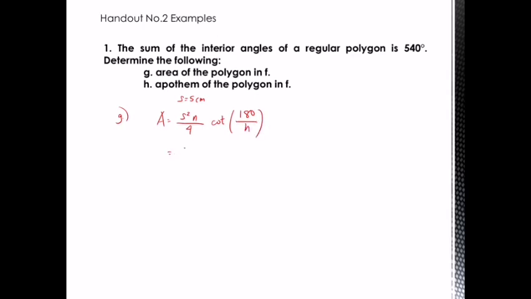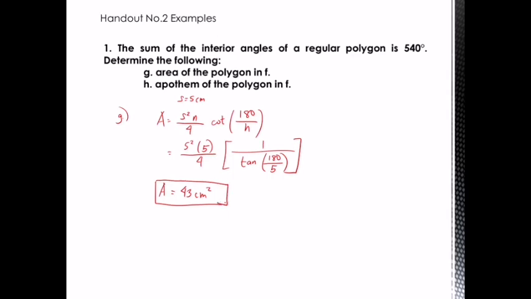So this is 5 squared times 5 over 4, then 1 over tangent 180 over 5. Okay, try to calculate. This is 25 times 5 divided by 4. Area should be 43 centimeters squared.